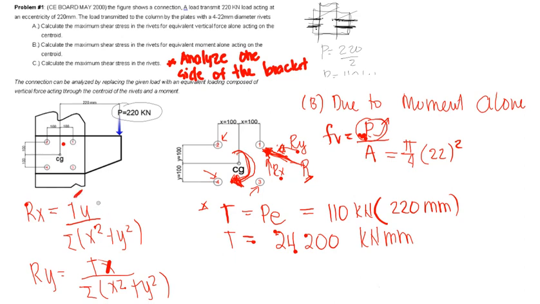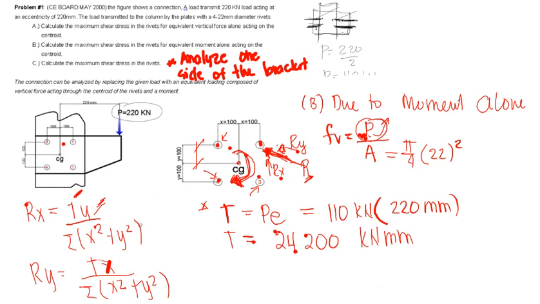Yung value ng Y natin, meron din tayong value ng Y. So, pare-parehas yung distances ng bolt 1, 2, 3, and 4 sa X and sa Y. So, yung Y natin, yung centroid, papunta dito sa bolts, dito sa taas man or sa baba, parehas na 100.